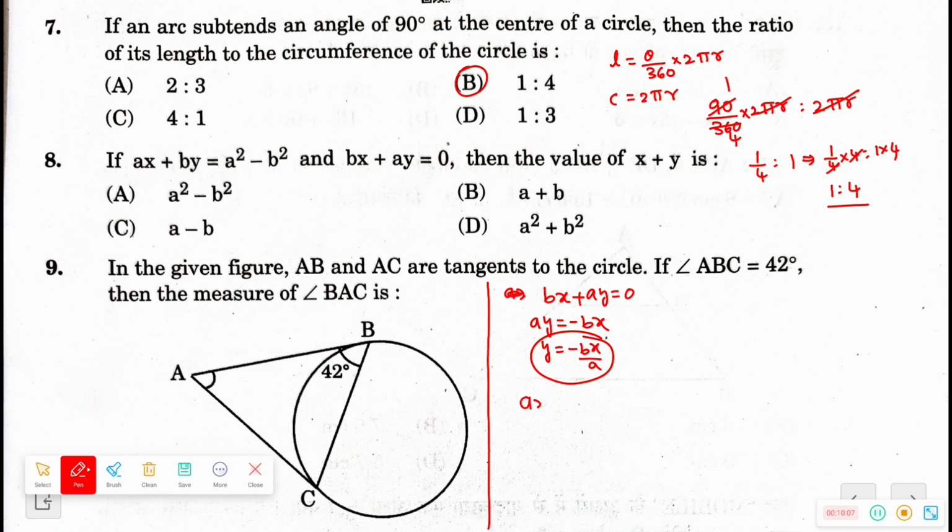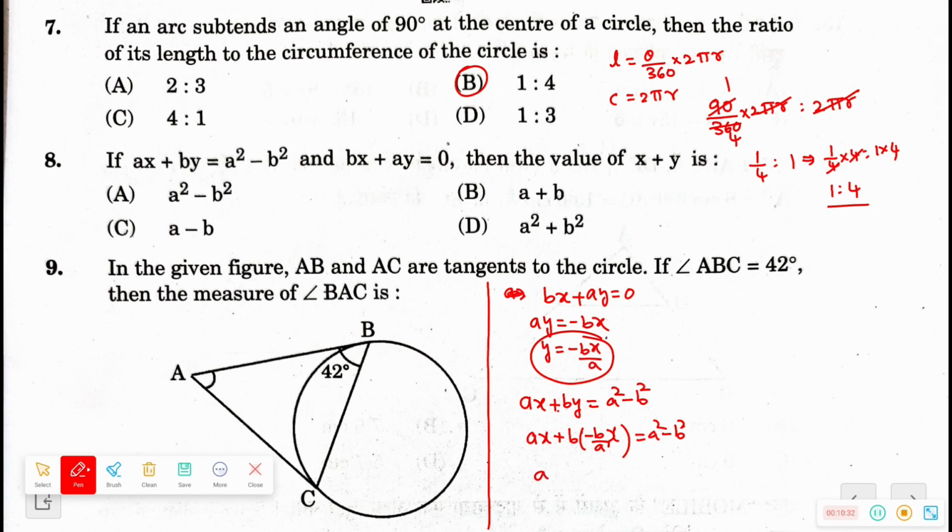What is the first equation? ax plus by is equal to a square minus b square. Now here we have to substitute the value of y. So that is ax plus b into minus bx by a is equal to a square minus b square.